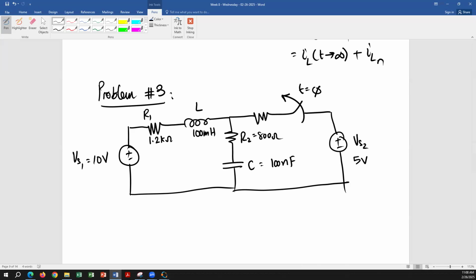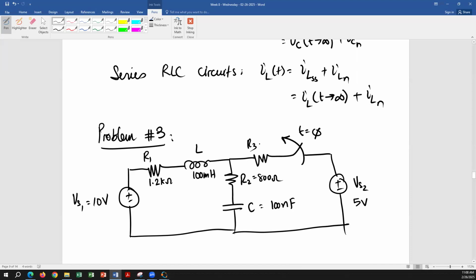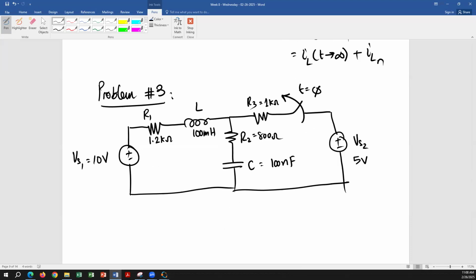Resistor 3 is 1 kilo ohm. Okay, so we are going to find IL(t), and we're going to find VC(t).